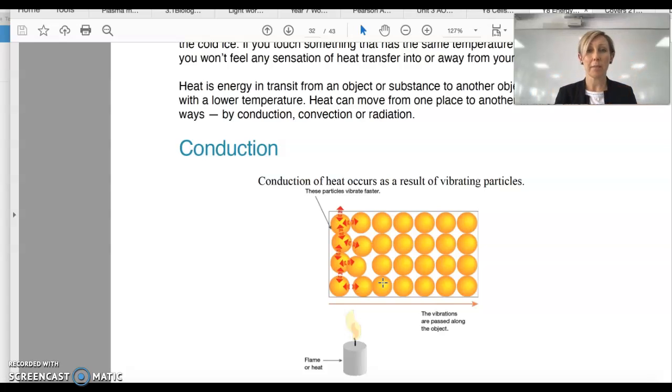So gases, for example, are excellent insulators of thermal energy, which is why we fill our double glazing with gas, and why bubble wrap traps heat energy very effectively, because it traps little plastic pockets of air all the way around whatever we're trying to insulate. And that air is a really poor conductor of thermal energy and an excellent insulator.